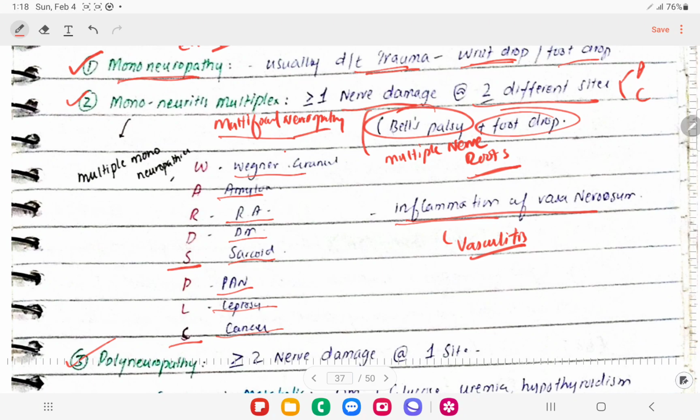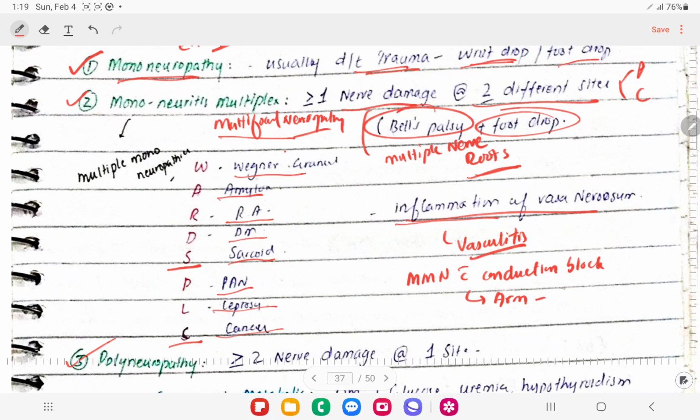I would like to discuss one of the important causes of neuropathy of the upper limbs, that is called multifocal motor neuropathy with conduction block, right. So this is a pure motor neuropathy. It typically affects the arms, and it is a pure motor neuropathy, right.